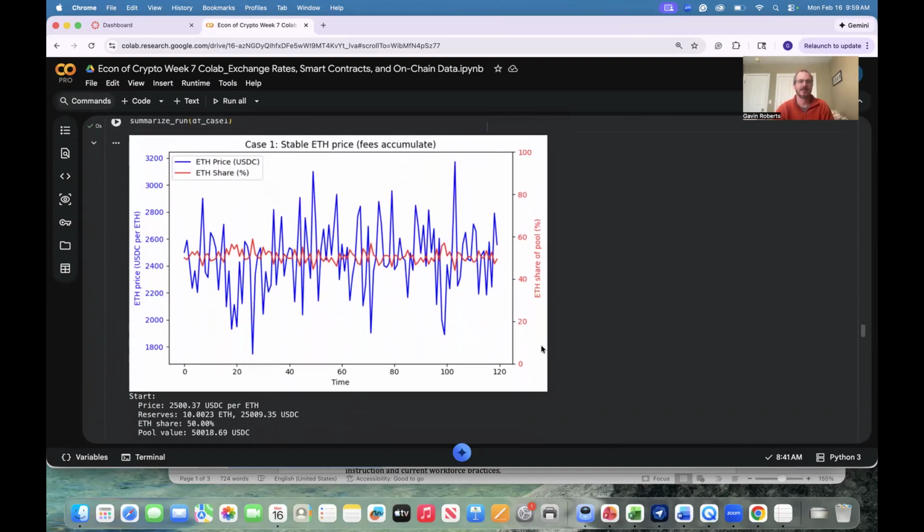In this first example, we just have no major moves to one side. The Ether price or exchange rate, that's the blue line, is volatile, but it's not going up or down in the long run. And we can see, when the Ethereum price is going up, let's look at this spike right here, as it's going up, the amount of Ethereum in the pool is falling.